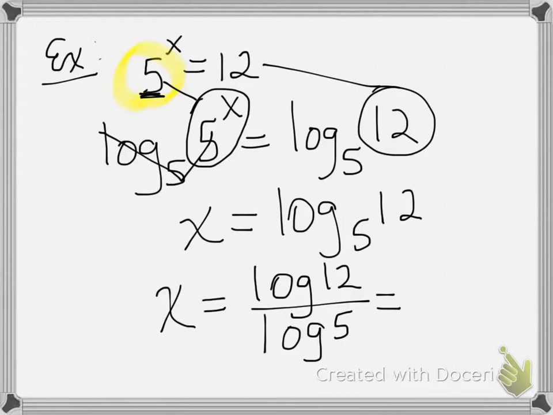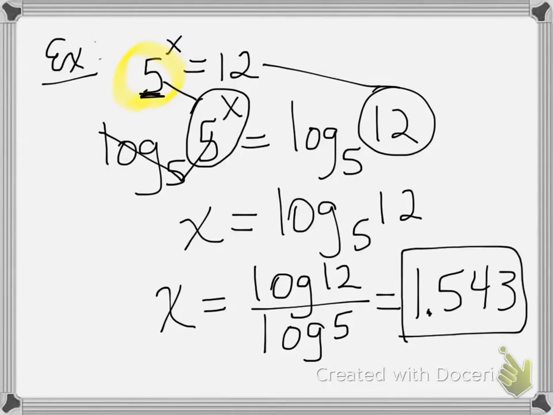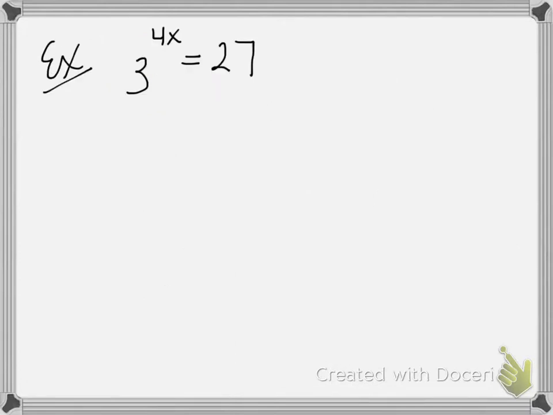Remember that if you're using the TI-73 to find the log button, you press math and cursor over to log. Once you plug this in, you get 1.543. And we're going to round it to 3 decimals. And that's your answer. We're going to have a lot of decimal answers for these problems.